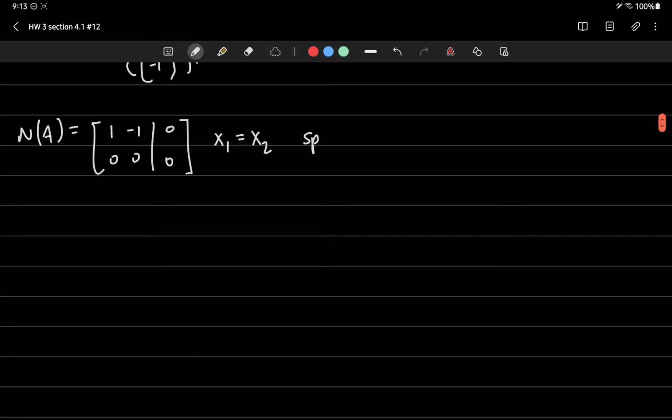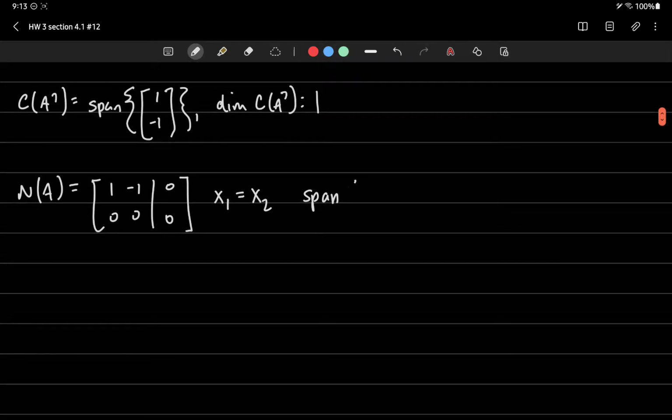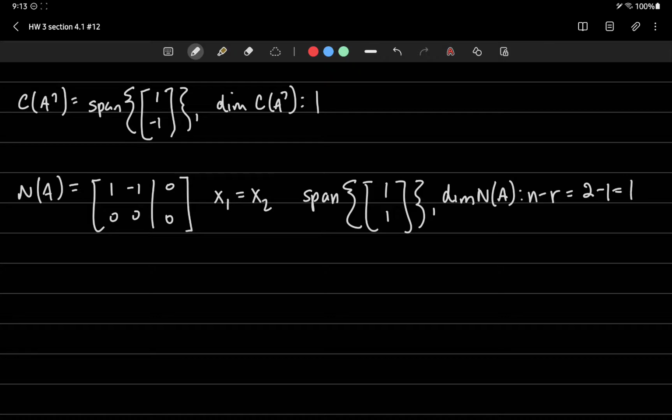So a sufficient basis for the null space will be spanned by 1, 1. For the dimension of the null space, it will be the number of columns minus the rank. So the number of columns for A is 2, and the rank is 1, which gives 1.